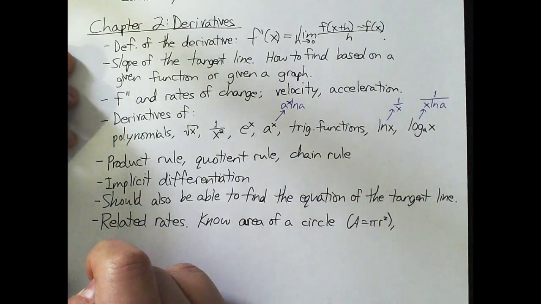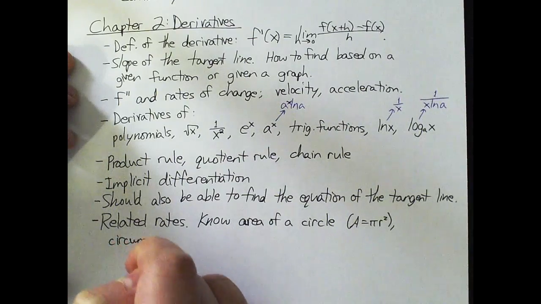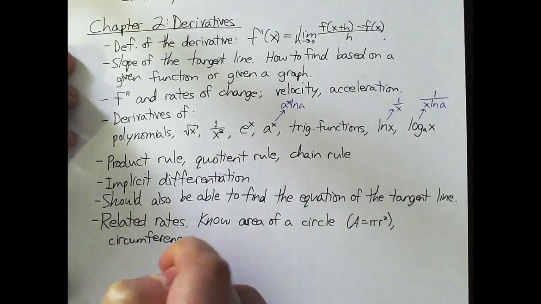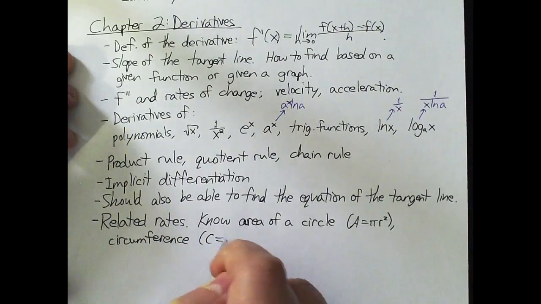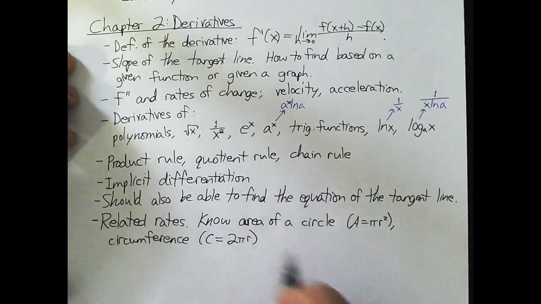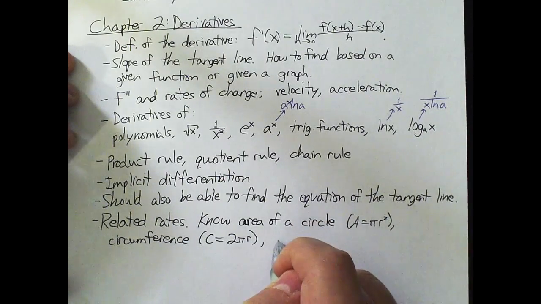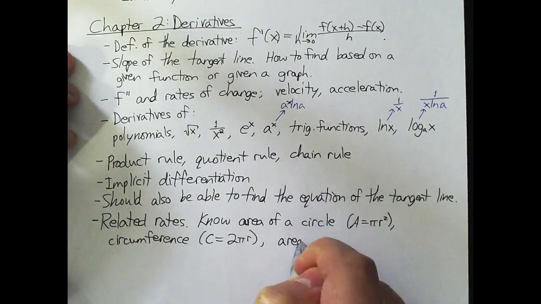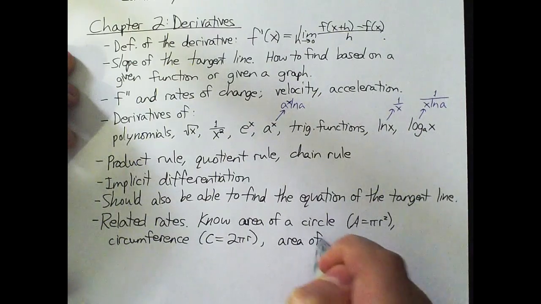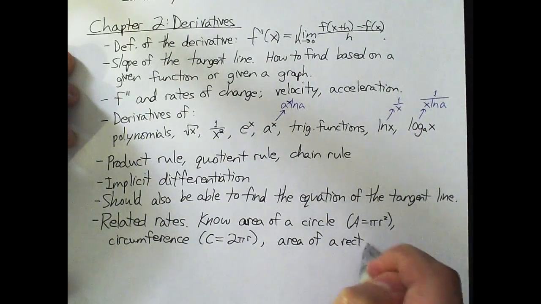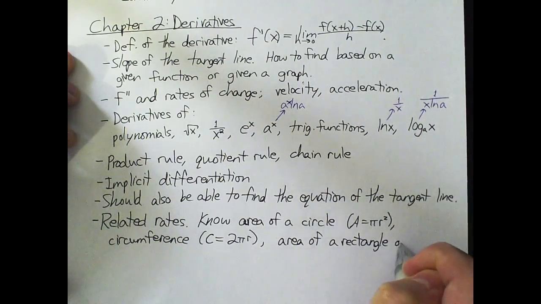You should know the circumference of a circle is 2 pi r, where r is the radius. You should know the area of a rectangle or triangle.